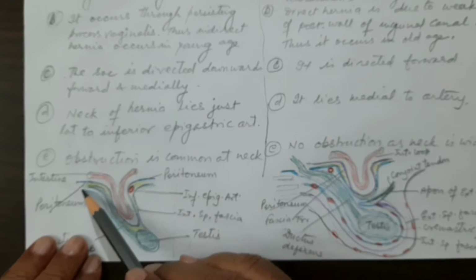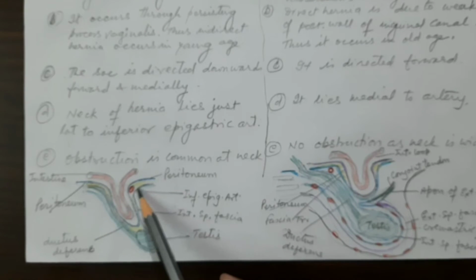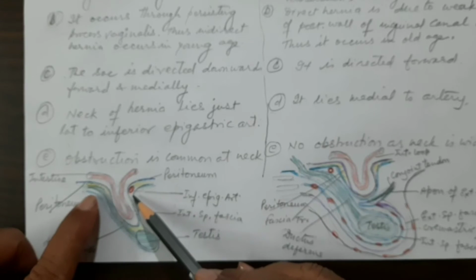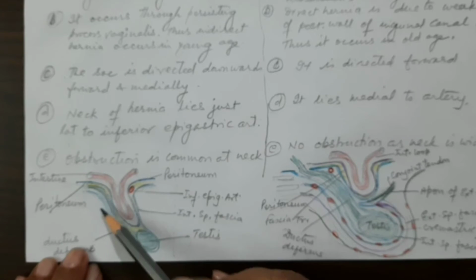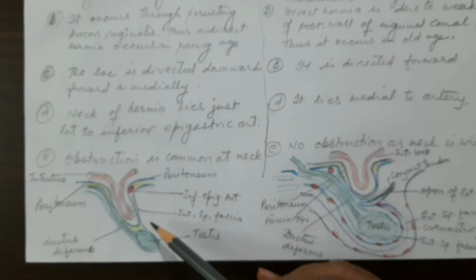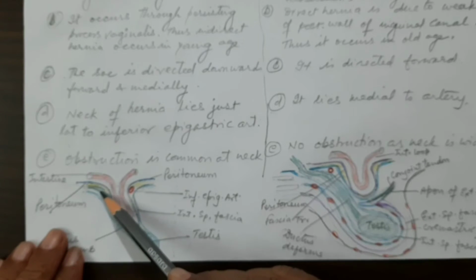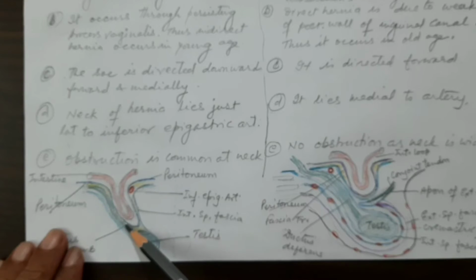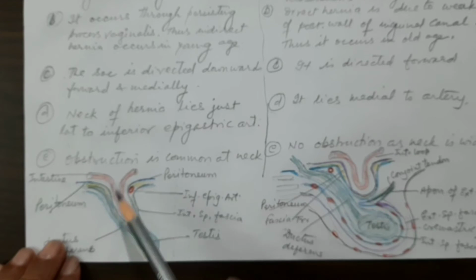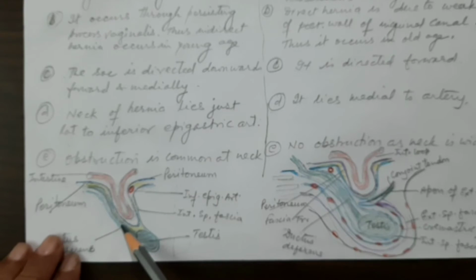The gap in the fascia transversalis is the deep inguinal ring, and then it continues, covering the testes and the sperm. This cord-like structure which I have drawn here coming from the superior pole of the testis is nothing but, not the spermatic cord, it is the ductus deferens or the vas deferens.